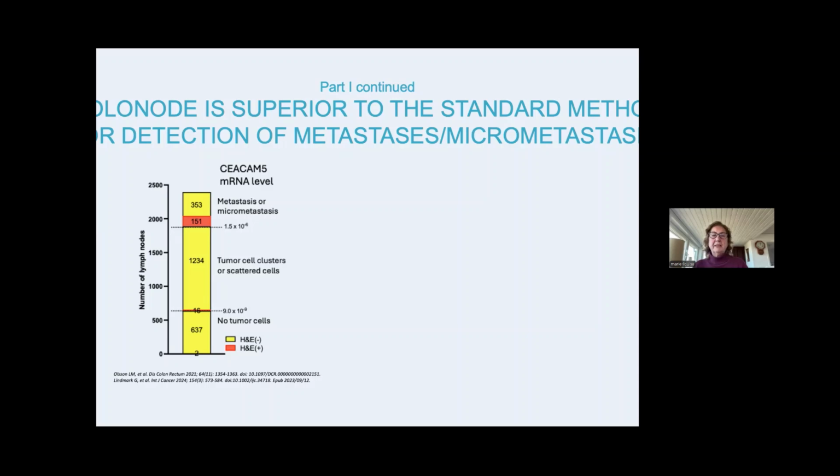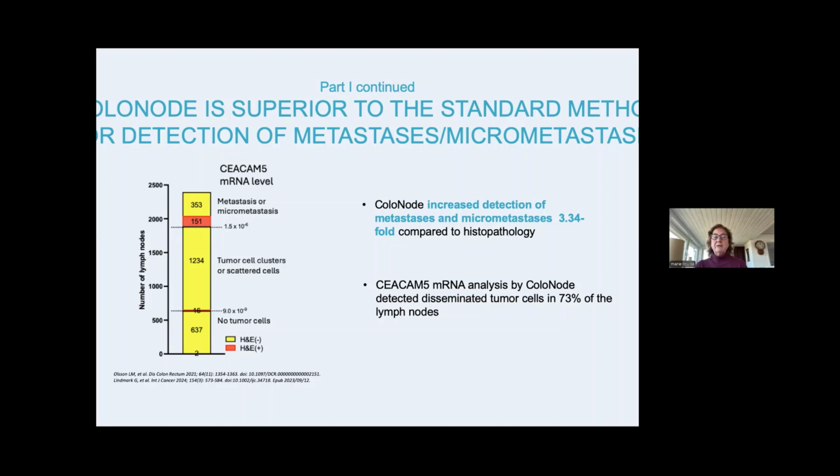So ColoNode increased the detection of metastasis and micrometastasis by 3.34-fold compared to histopathology. And the other finding is that CEACAM5, or tumor cells disseminated to lymph nodes, were found in 73% of the lymph nodes.